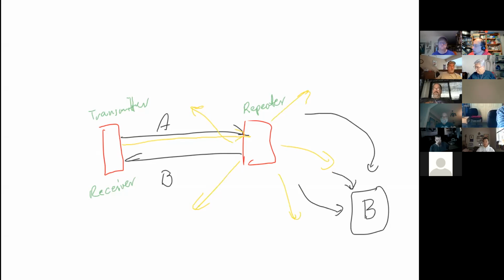And what the repeater is actually doing is repeating what you're saying on frequency A, which means that the people who are listening to you could be way over here, or way over here, or way over here. So this difference in frequency is known as your offset. That is your frequency offset.